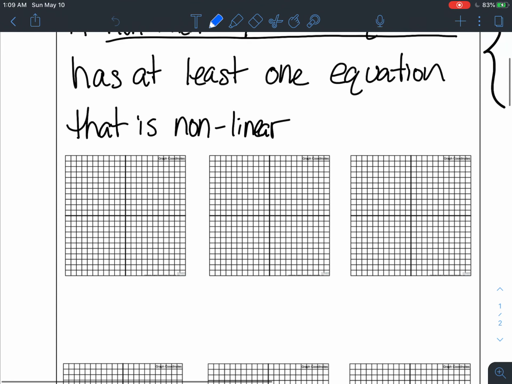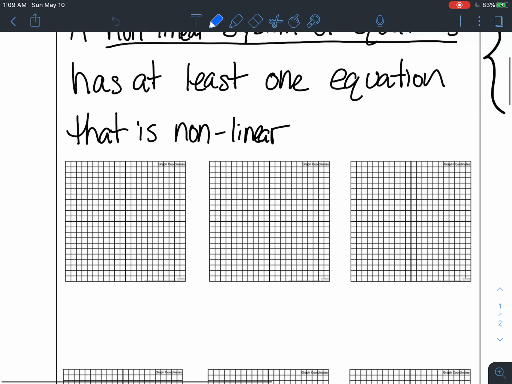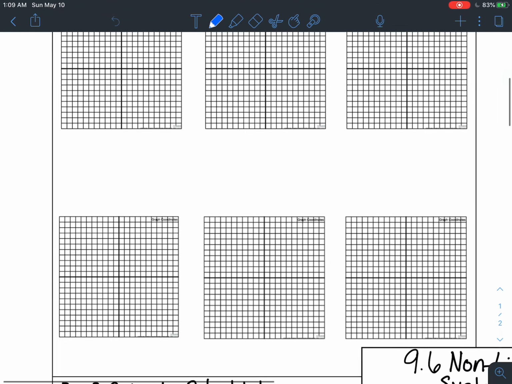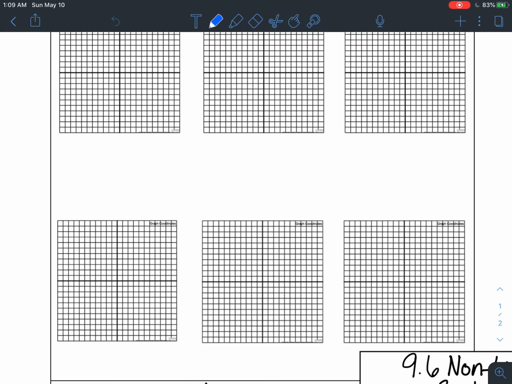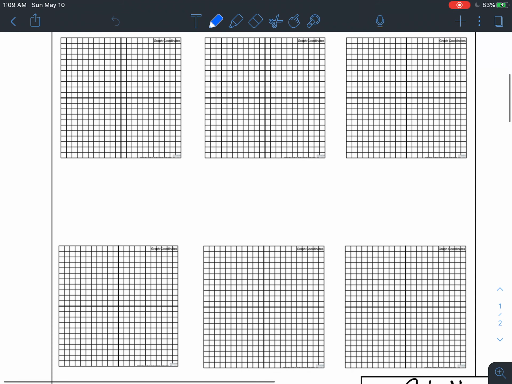We have 3 different possibilities for how they can interact with each other. For this top row, I'll show you a sketch of one linear and one nonlinear equation, and for the bottom one, both equations nonlinear, so both of them curved. The possible numbers of solutions go back to the discriminant from last week, on the backside of 9.5's notes.